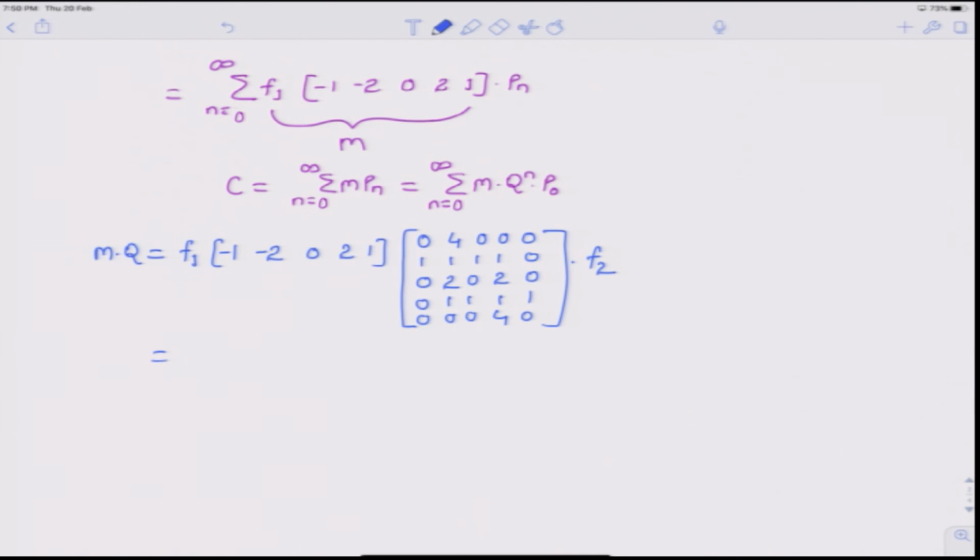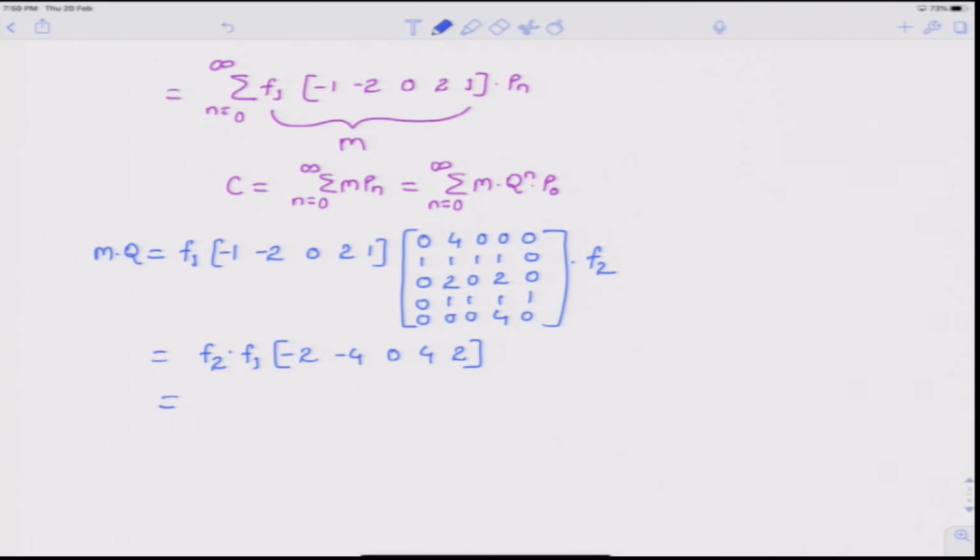So, this should be equal to F2 times F1 times, if we make this multiplication of the two matrices, minus 1, 0, minus 2, 0, 0, 0. So, this should be minus 2, minus 4, 0, 4, 2.